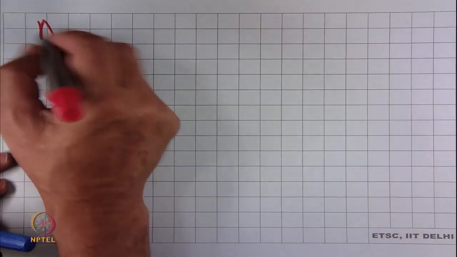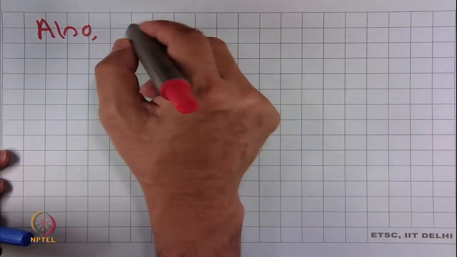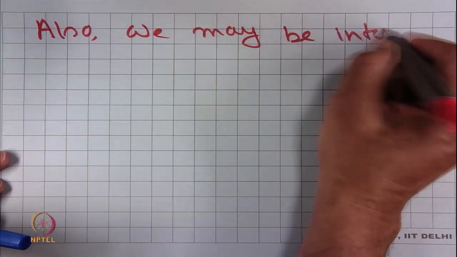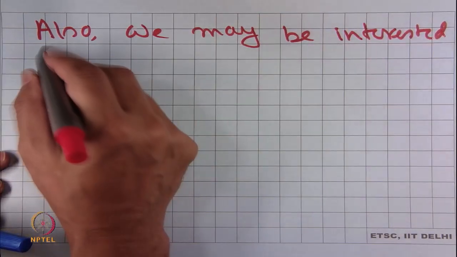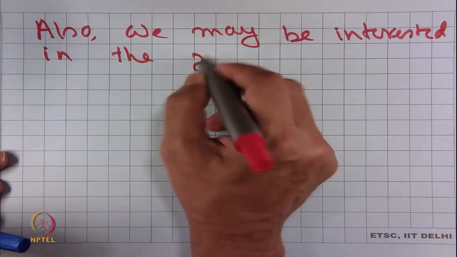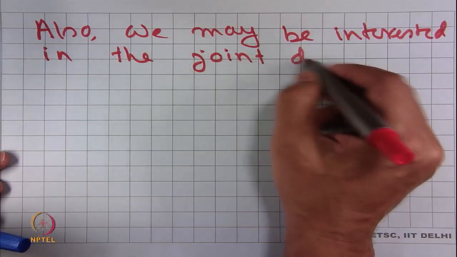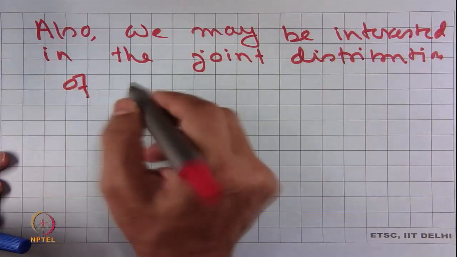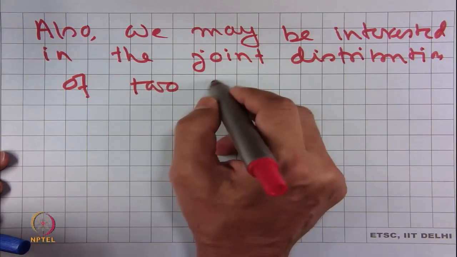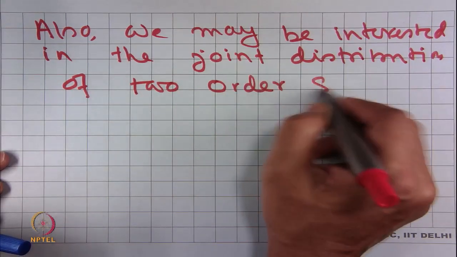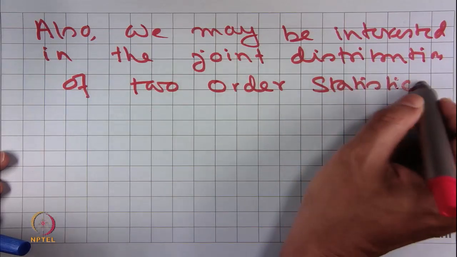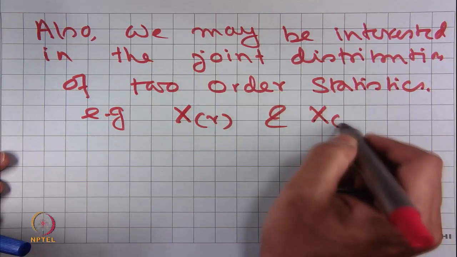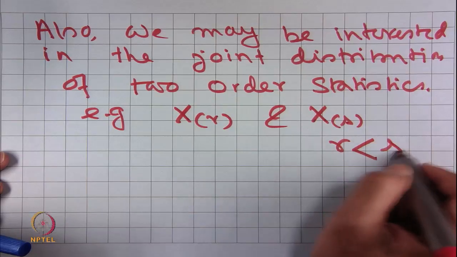Also, we may be interested in the joint distribution of two order statistics, e.g., X_r and X_s, where r is less than s.